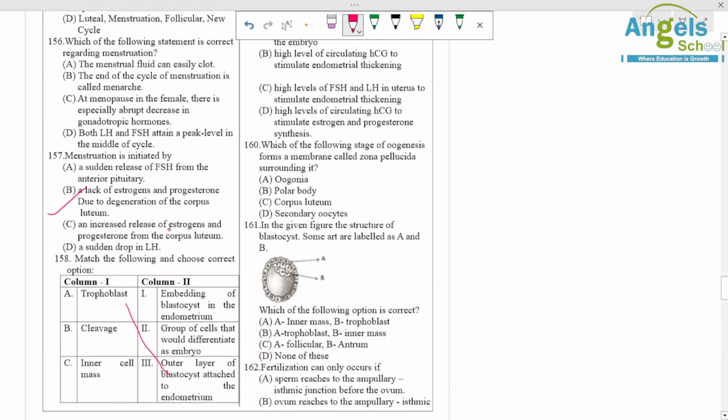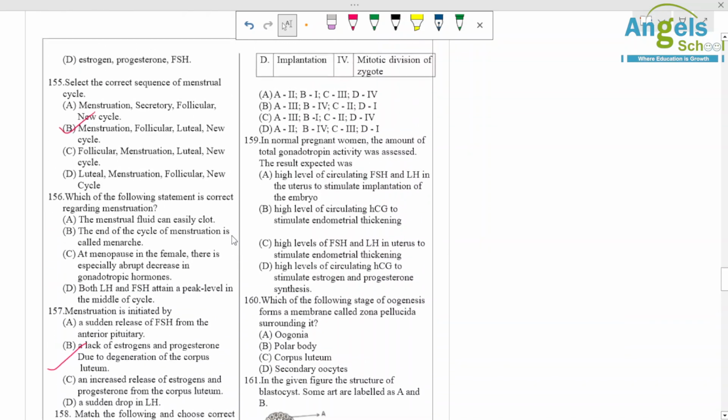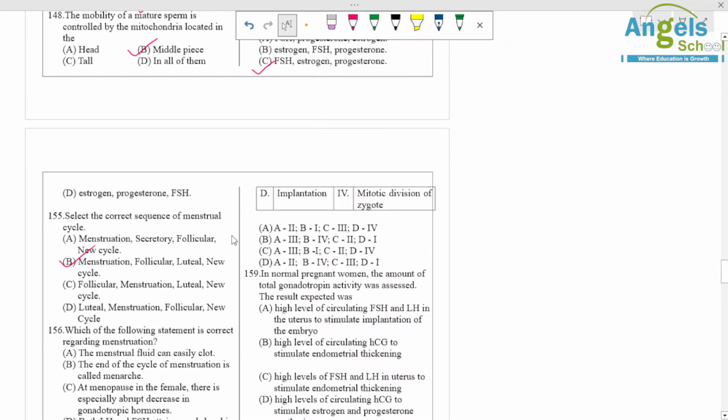Then inner cell mass is a group of cells that would differentiate into the embryo, and the option is implantation. Embedding of blastocyst into the endometrium is known as implantation. So if we match, option B is correct.